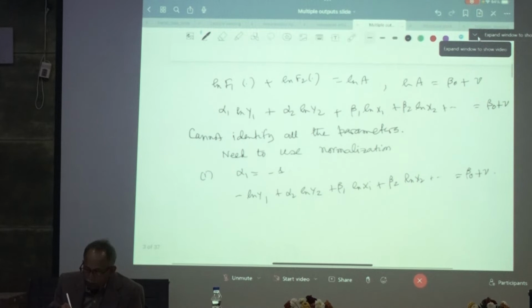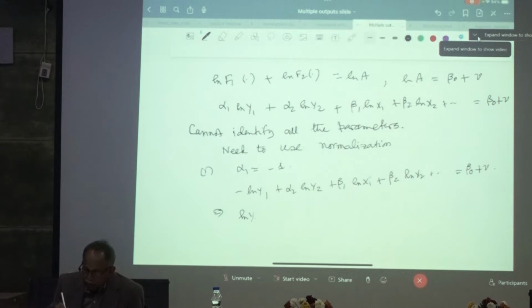If you do that, then you can write log of y1 is equal to alpha 2 log of y2, because I'm taking this on the other side, plus beta 1 log of x1 plus beta 2 log of x2, and then minus beta 0, or minus b, because I'm bringing this to this side.